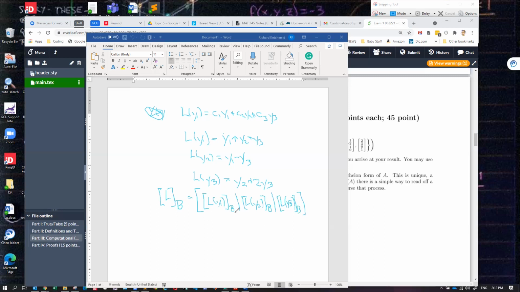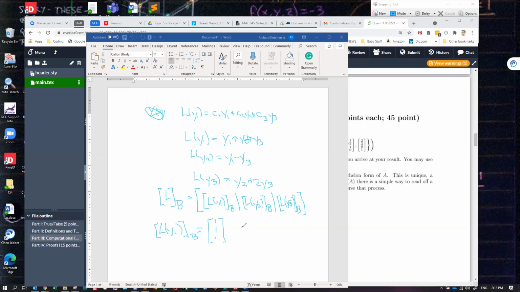Not L of Y1 itself, that's whatever sort of strange Platonic object it is, but the representation with respect to this basis. So what is the representation of L of Y1 with respect to B? It's got 1 Y1, 1 Y2, and I meant this to be a plus, so this would be just 1, 1, 1.